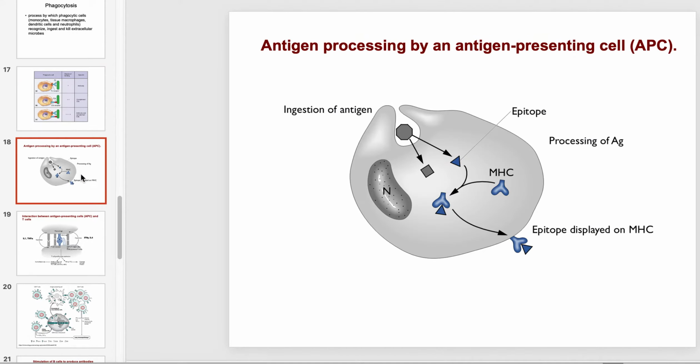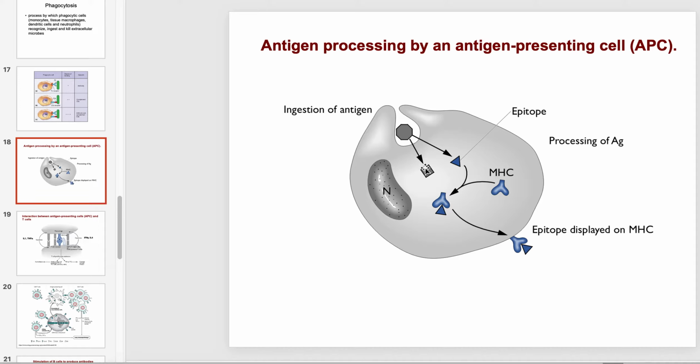So this process of antigen binding by the phagocytic cell results in antigen presentation. So here's our antigen in this particular case. Imagine it as a virus particle, and this phagocytic cell grabs onto it through one of the opsonization mechanisms I just showed.